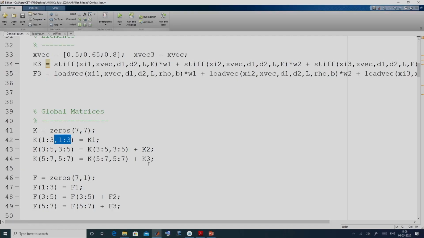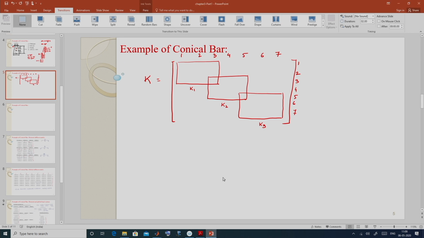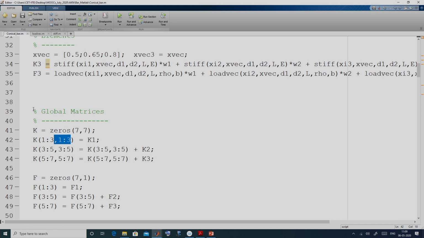Now, K3 is assembled in the location 5 to 7, 5 to 7. Again we have added because 5 comma 5 is already non-zero. This entry is already there before entering K3. So, thus we assemble the element stiffness matrix into the global stiffness matrix.